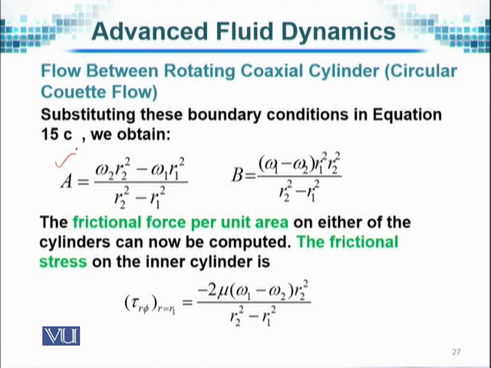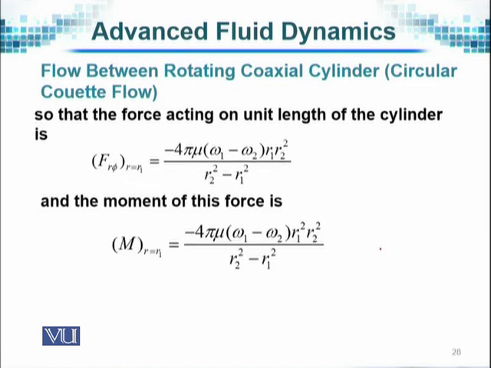Substituting them, we obtain the values of the unknown constants A and B, and from this, the frictional stress of the inner cylinder is obtained. So these are simpler equations, the components. We just have to substitute the relevant values that are required there.